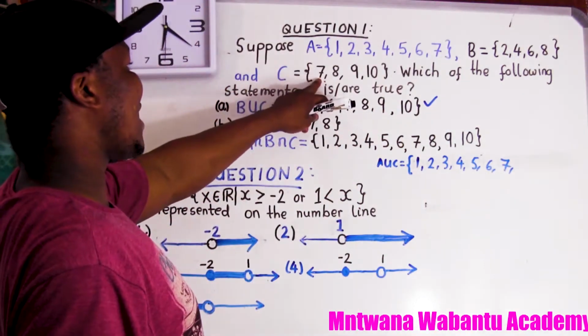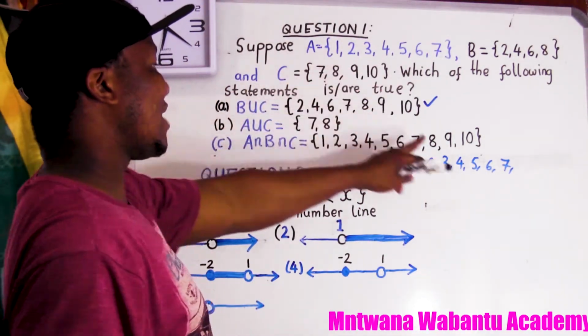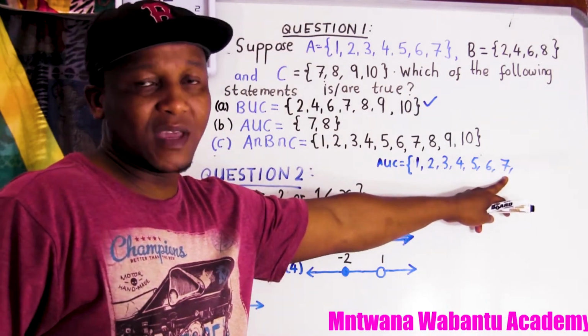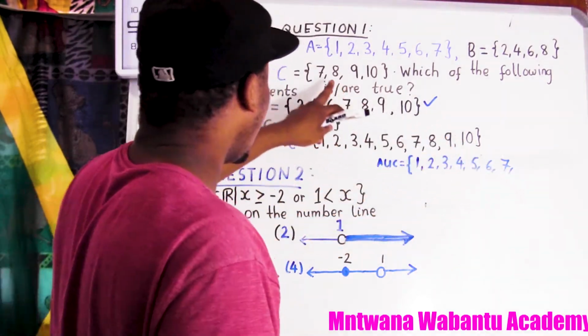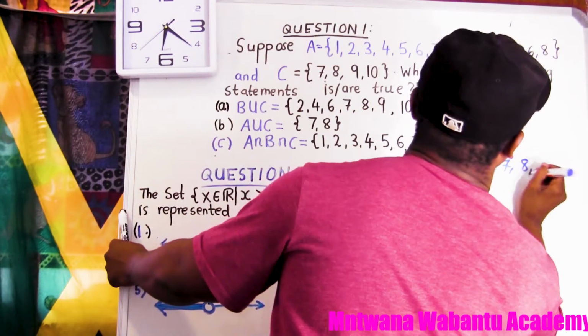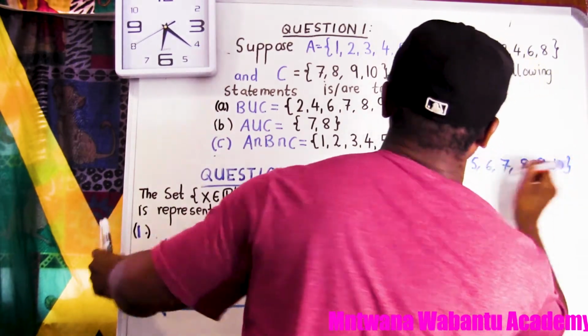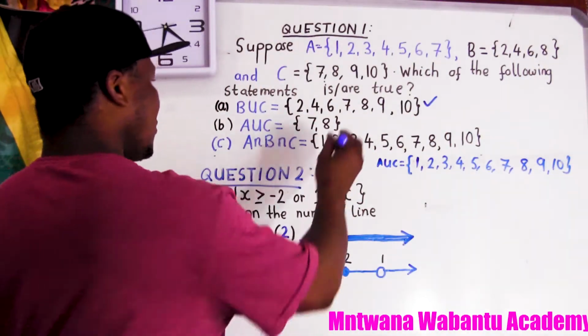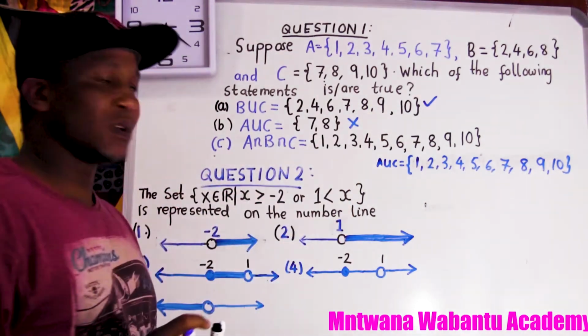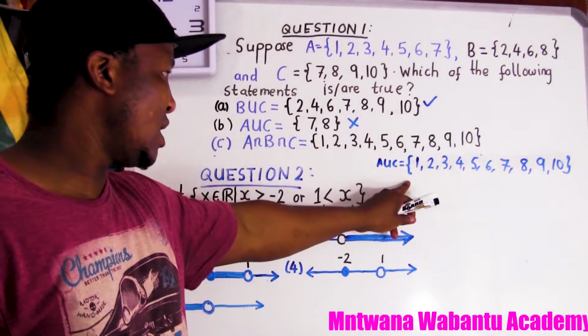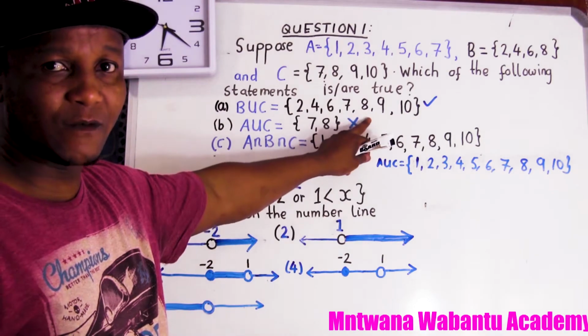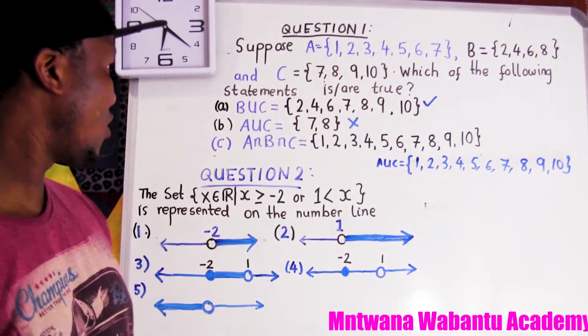Here starts from 7 8 9 10, so I don't have to write 7 again because it already appeared here. So I can just say 8 9 and 10. So this is not true, it's wrong. A union C is a false answer, because they say you have to identify which is true or false.